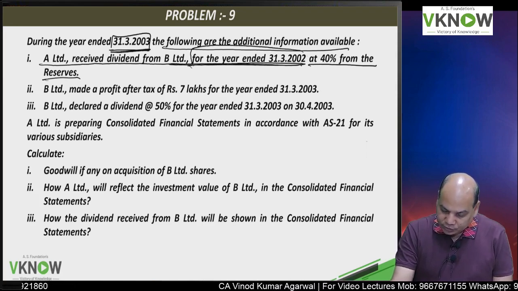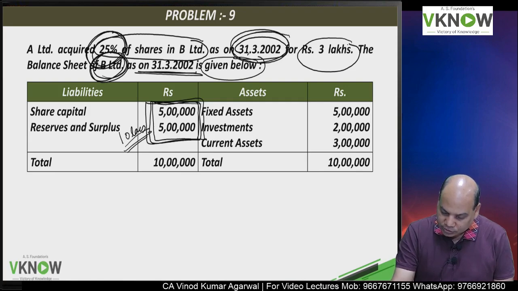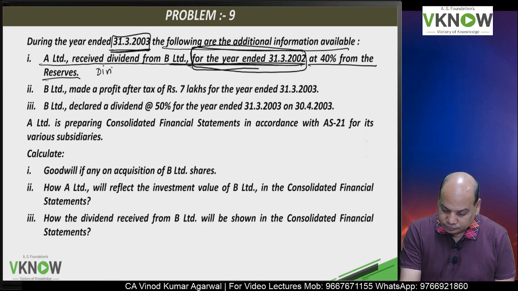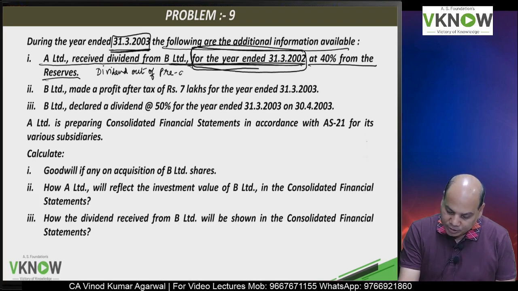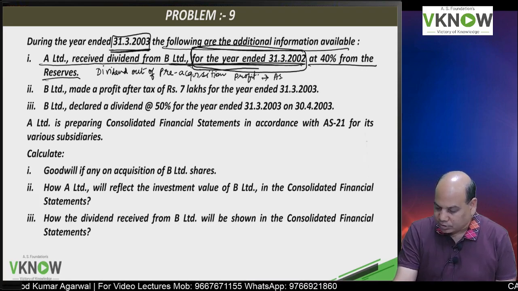Dividend was received for year ended 31st March 2002. Date of acquisition is also 31st March 2002. So this is called dividend out of pre-acquisition profit.